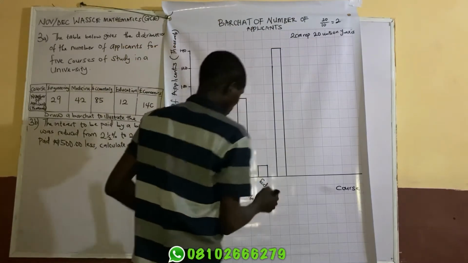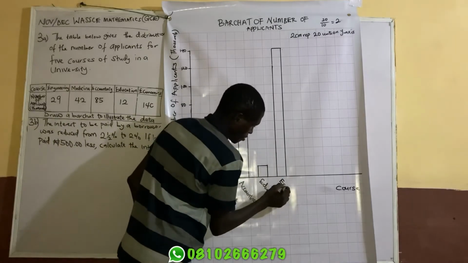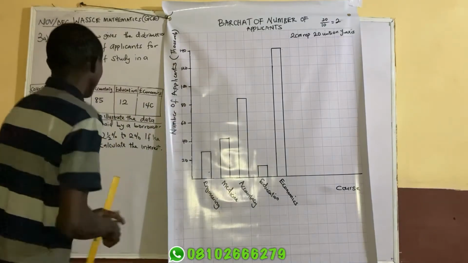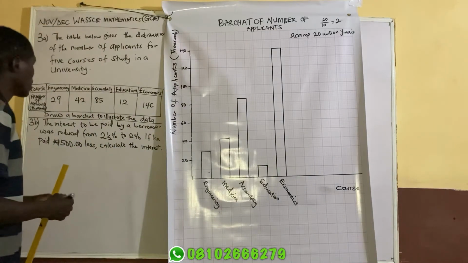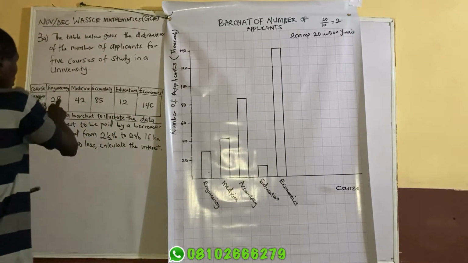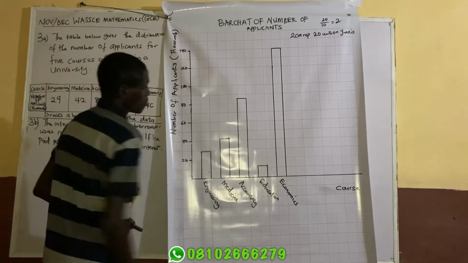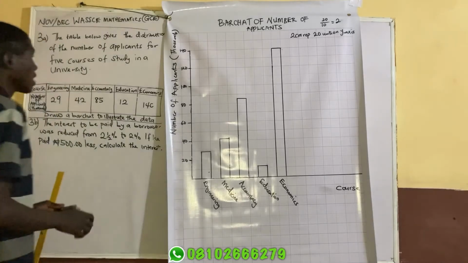So that is economics, and that's all about the graph. We have already drawn engineering, Mexico, accountancy, education, and economics. So this is a graph that illustrates the data.